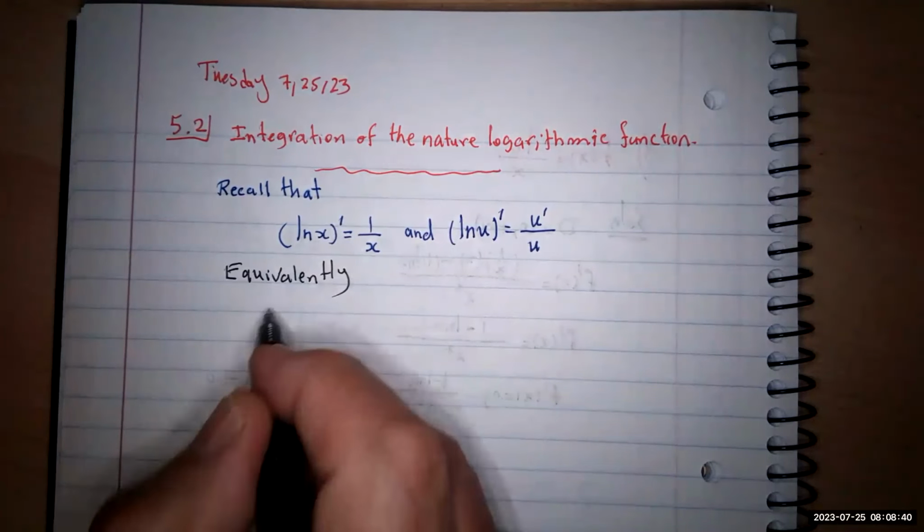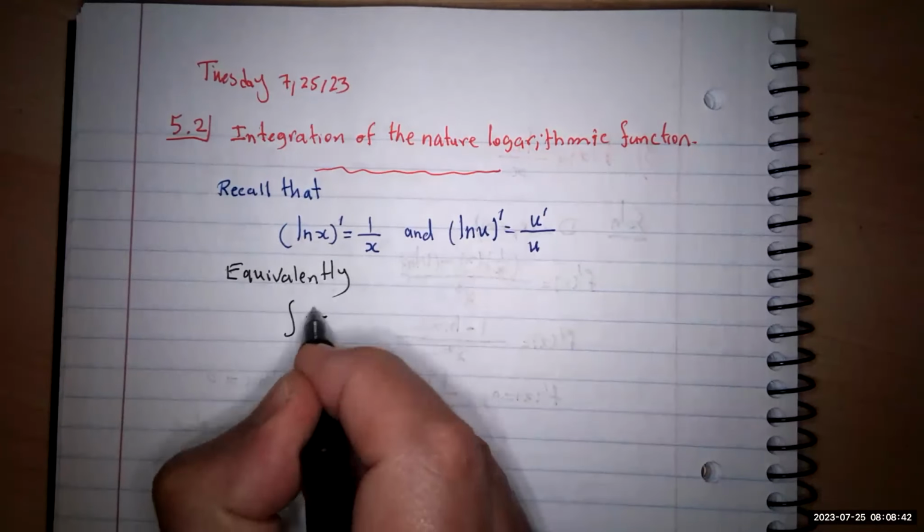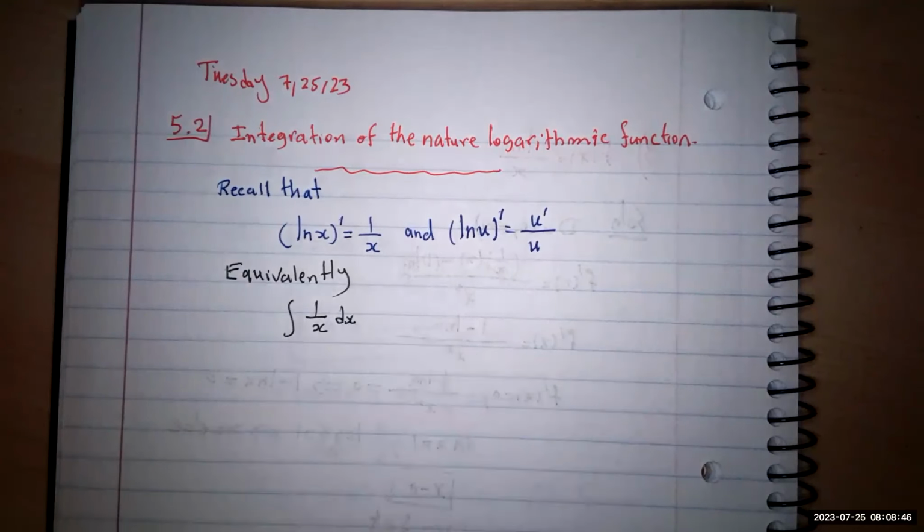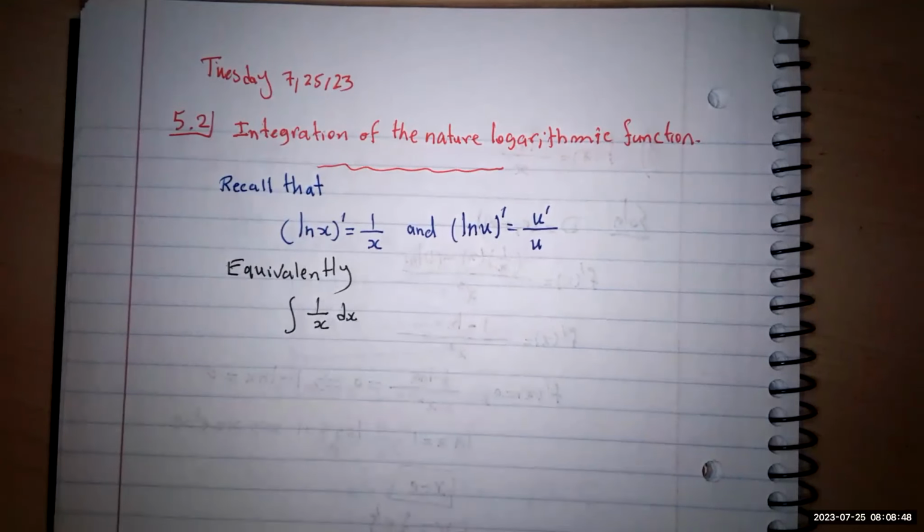The first one would be the integral of 1 over x. You see, this is the one that we couldn't do before. So you are interested in a function whose derivative is 1 over x. Now, we know that that function is ln x, plus the constant c.